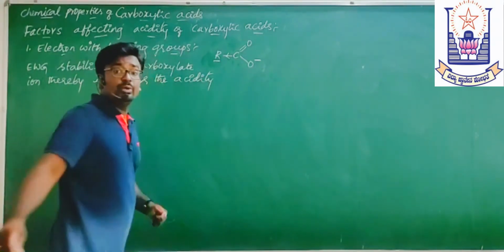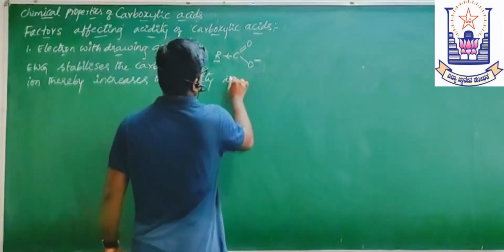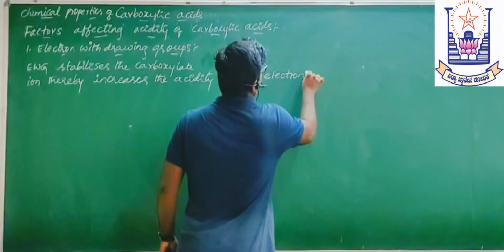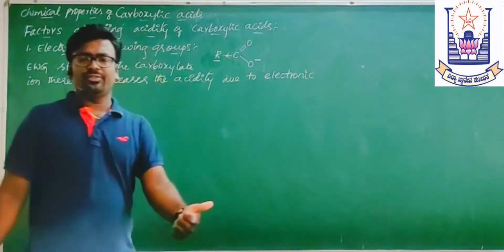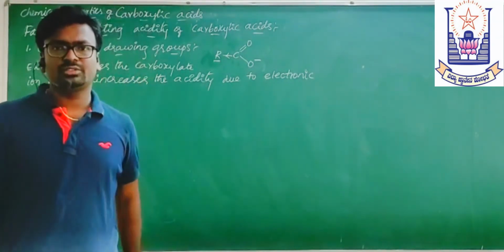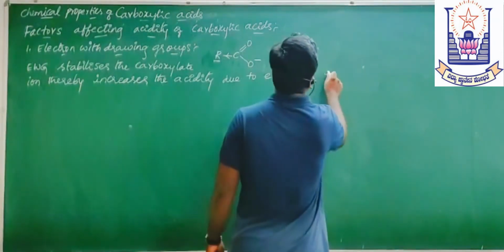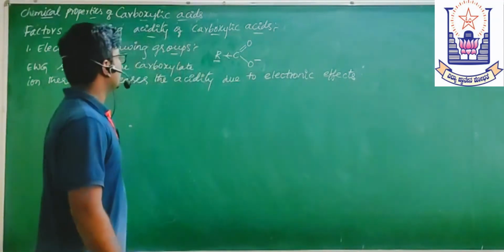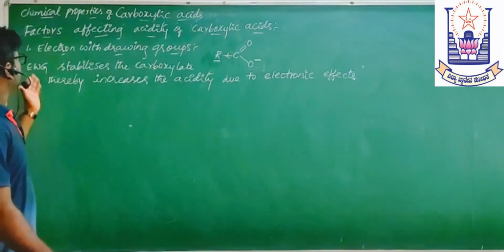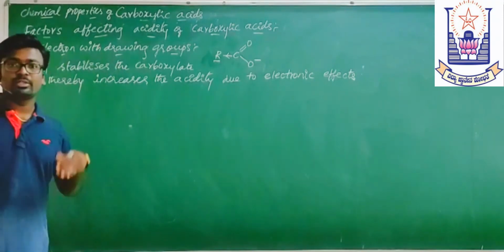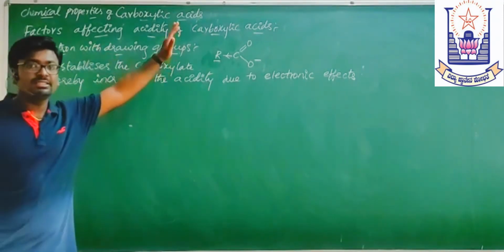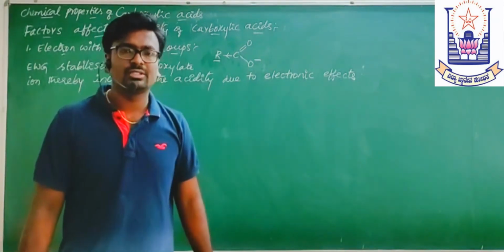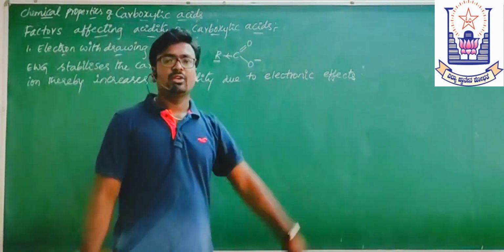Acidity due to electronic effects. Electronic effects means here it may be inductive effect or it may be resonance effect. So what is the topic? The effect of electron withdrawing groups. These are stabilizing the carboxylate ion and thereby increasing the acidity of carboxylic acids due to the electronic effects.